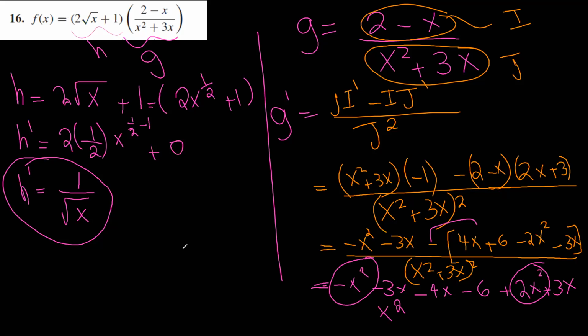Then negative 3x with the 3x cancel each other, and we have negative 4x minus 6. So the derivative g prime is x squared minus 4x minus 6 over x squared plus 3x squared.